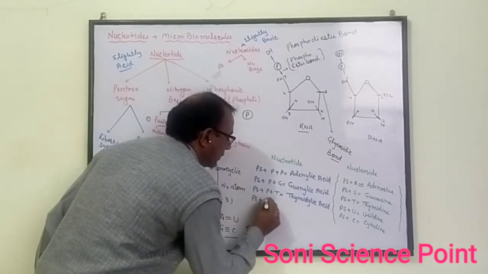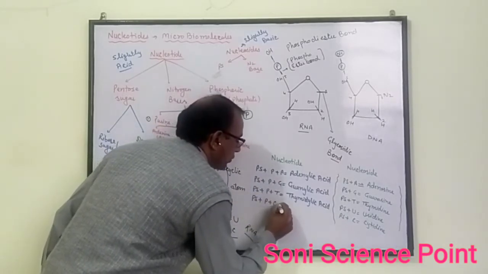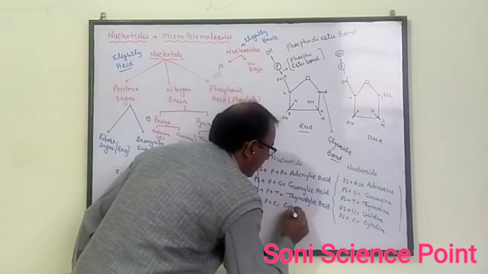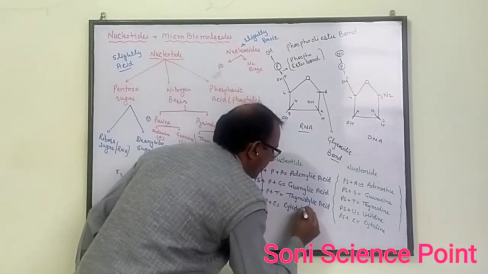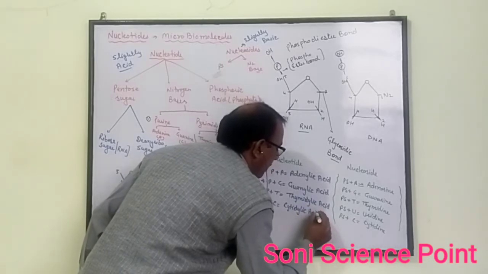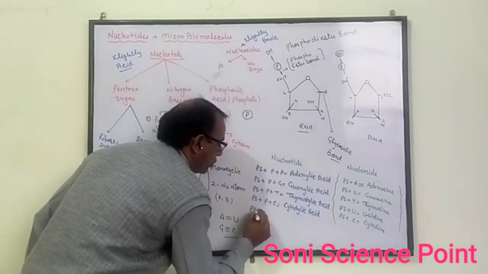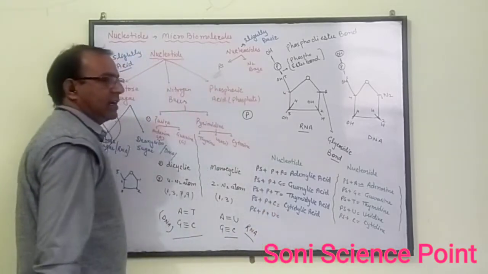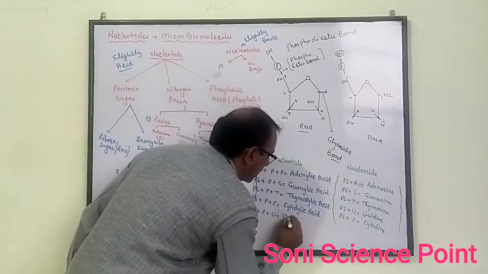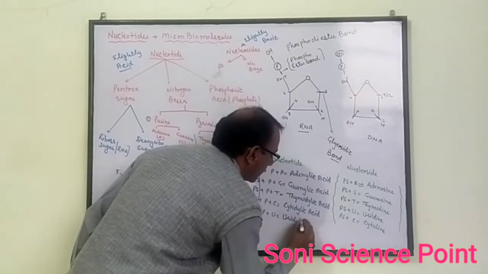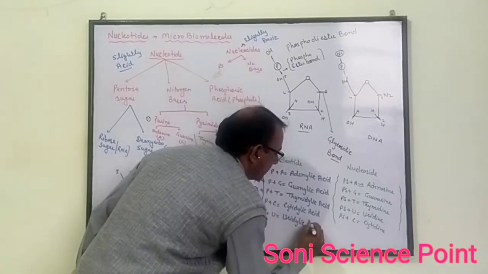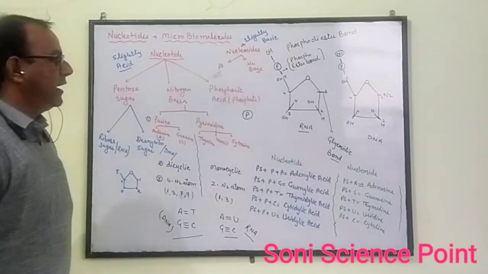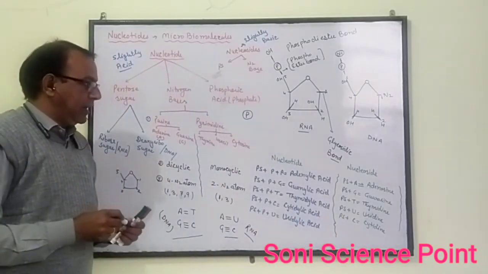Pentose sugar plus phosphate plus cytosine is called cytidylic acid. Pentose sugar plus phosphate plus uracil is called uridylic acid. So this is the major difference between nucleotide and nucleoside.